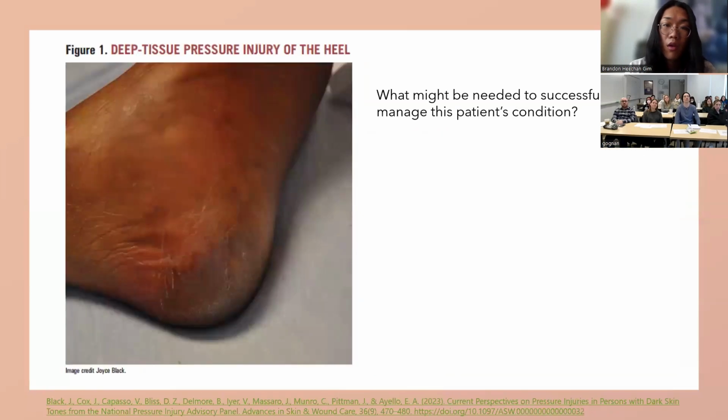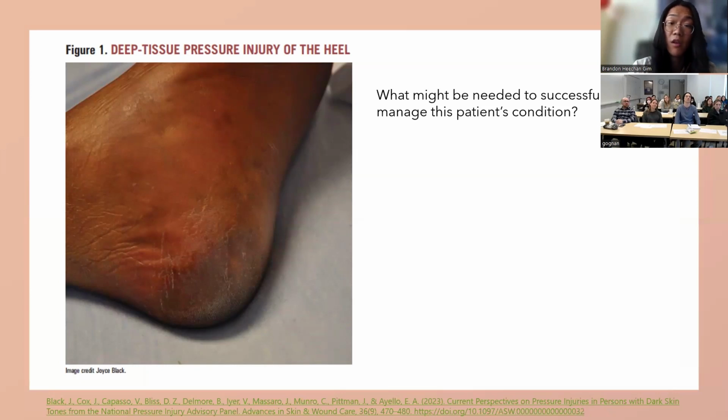Okay. All right, so next up, this is a deep tissue pressure injury. Again, the coloration is not so obvious. I want y'all to think about what we might need to assess for this patient.